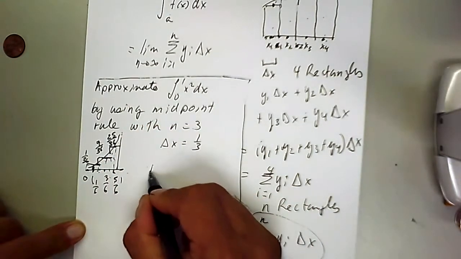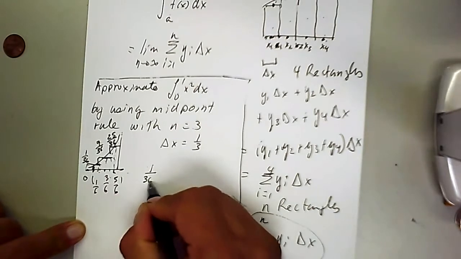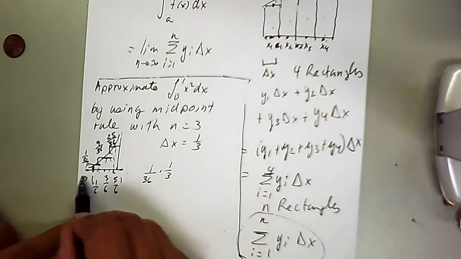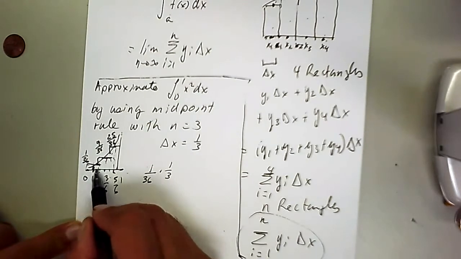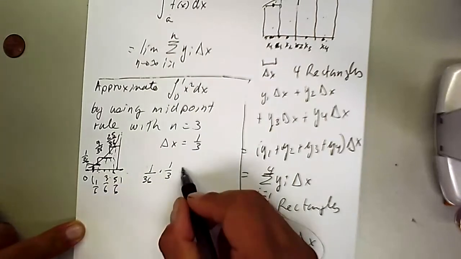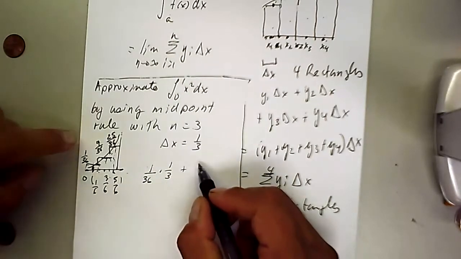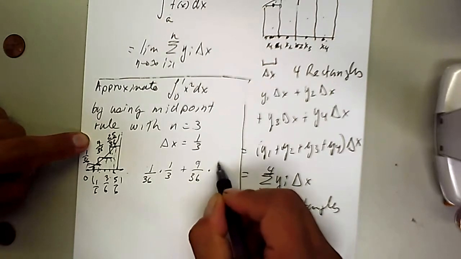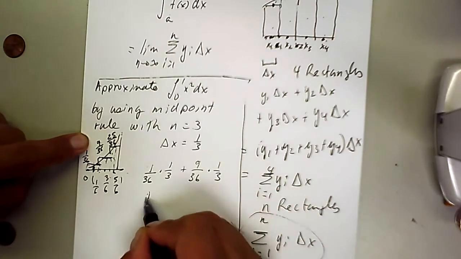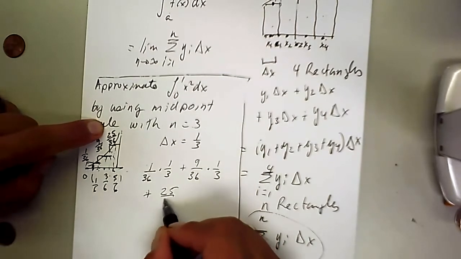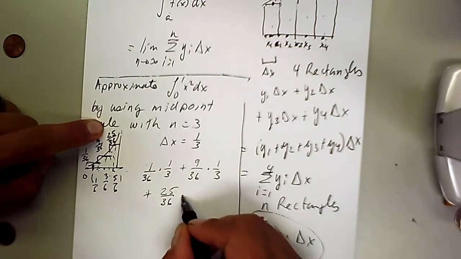So let me put out the output. We have 1/36 times 1/3, so height times base, that gives us the first rectangle, plus 9/36 times 1/3 plus 25/36 times 1/3.